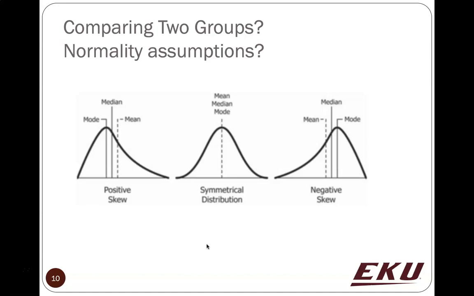So how do we assess normality? Before we can do our t-testing, shouldn't we at least see if t-testing is something that's appropriate? So we might want to compare two groups. This is our typical bell curve. The mean, median, and mode for our age, the most commonly observed age value, also our middle value if we were to rank them from lowest to highest, which would be our median, and our mean would all be about the same.